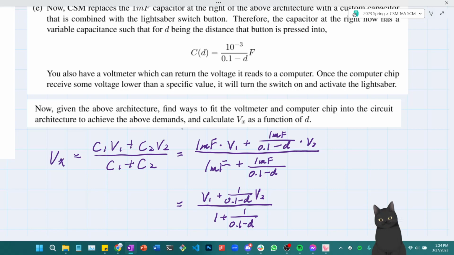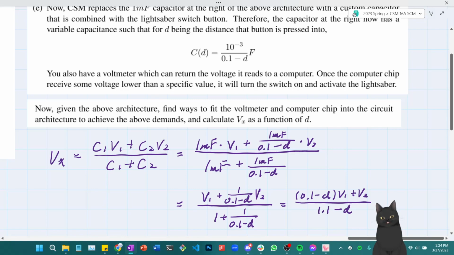As I have simplified my expression into this form, I'm going to simplify it further by multiplying both the numerator and denominator of the fraction by 0.1 minus D. Eventually, I get that my fraction is ((0.1 minus D) times V1 plus V2) over ((0.1 minus D) plus 1). And this is just equal to 1.1 minus D in the denominator. And this is Vx as a function of D.